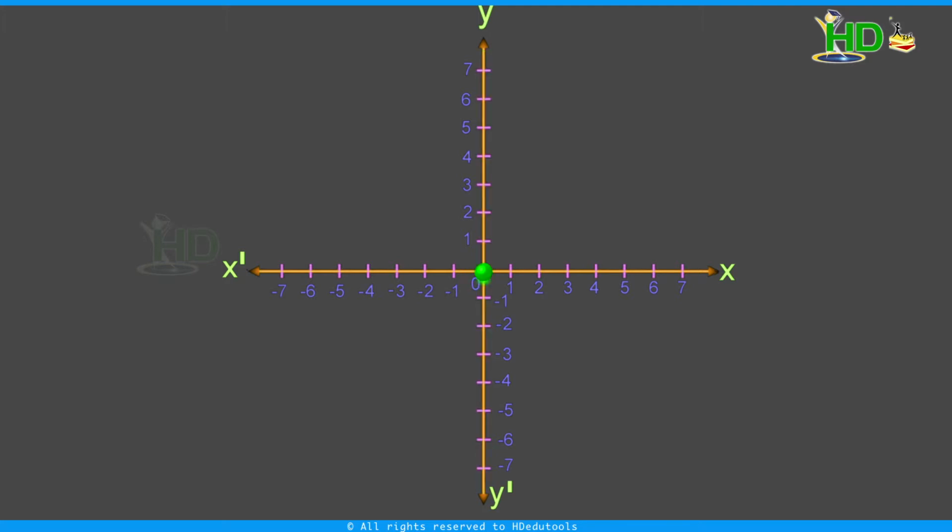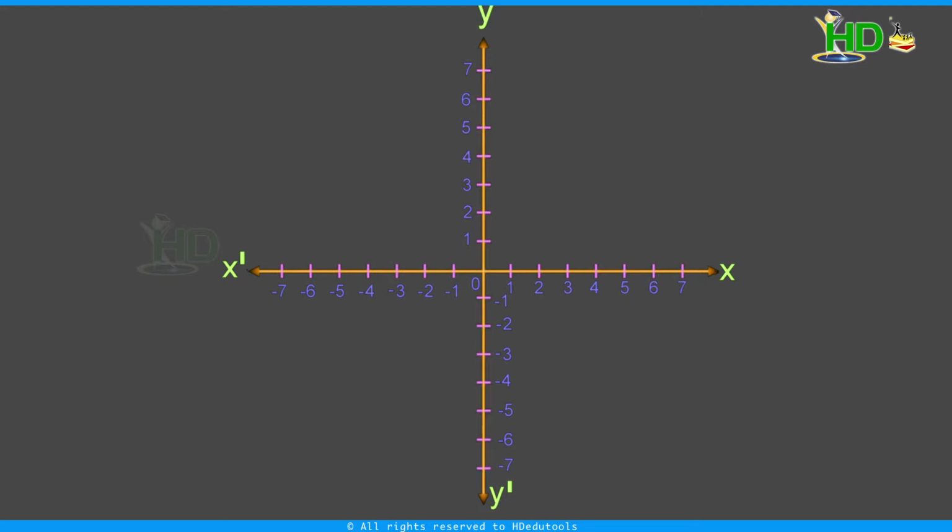Now this is the origin where these two number lines meet, denoted by O. Along this direction, the positive number line is called the positive direction of the x-axis, OX. Similarly, OY is the positive y-axis, and OX prime, along which we have negative integers, is the negative x-axis.